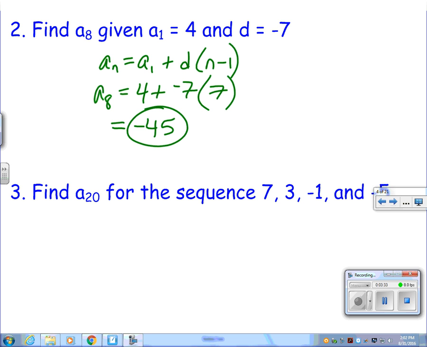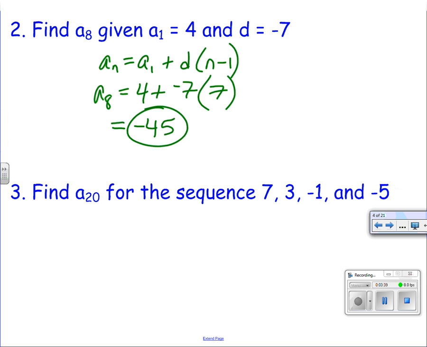All right, number 3, find a sub 20 for the sequence 7, 3, negative 1, and negative 5. Gabriel, help me set this one up. What's going to go in for AN? Good. What goes in for A1? Very good. This is A1. What goes in for D? Very good. So, guys, D is whatever it's going by.